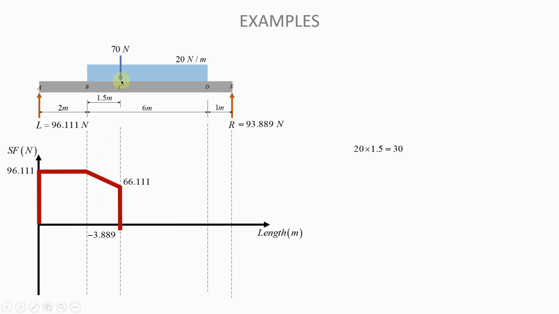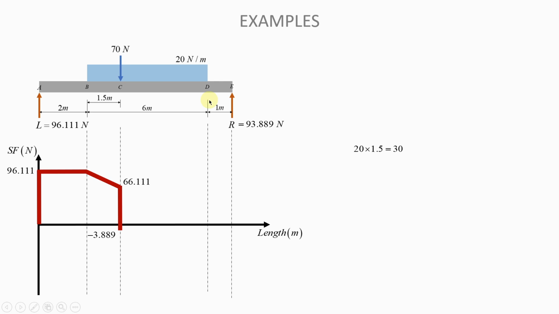Once you have taken into account that force, now you need to take into account the remaining portion of the UDL. This remaining portion is acting over a length of 4.5 because the whole UDL acts over 6 meters. So this segment is 1.5 and that segment is 4.5.